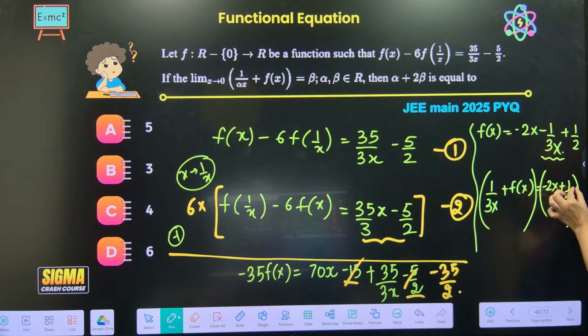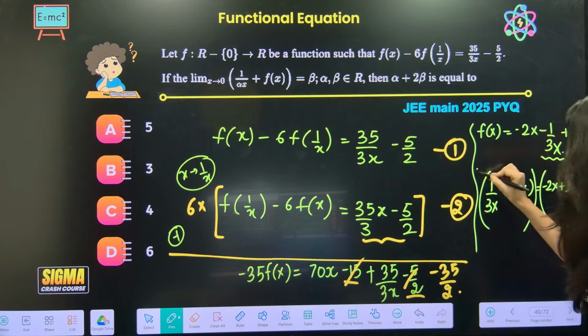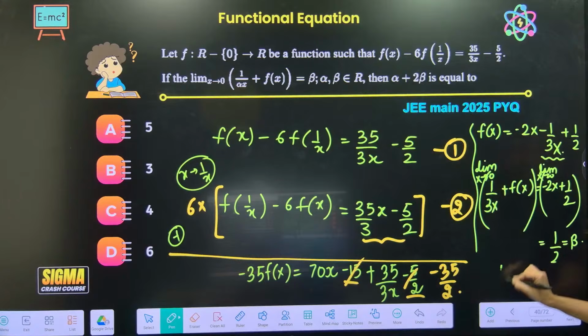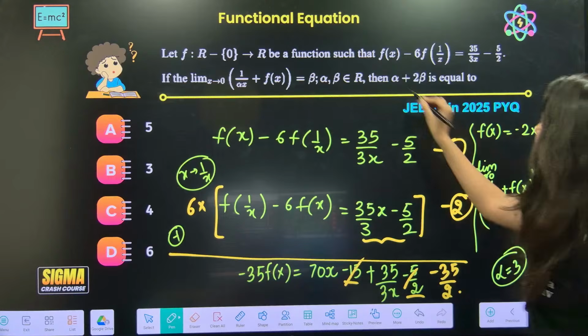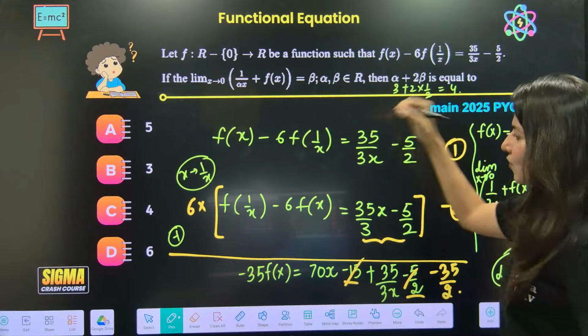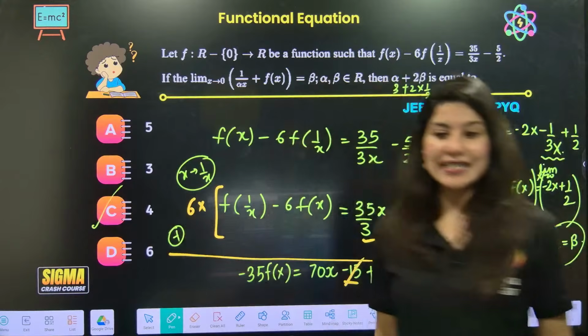If you put x equals 0, you will get half. So the limit will be half, which is beta, and alpha clearly will be 3. So alpha is 3, beta is half, and the answer will be 4. Yes, option C is absolutely right.